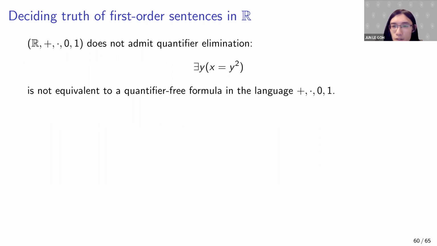And one can show that this is not equivalent to any quantifier-free formula, essentially because anything that you can define using a quantifier-free formula is going to be finite or cofinite, basically. So you won't be able to define the non-negative numbers using a quantifier-free formula. That's not a proof, but it is basically the idea behind the proof.